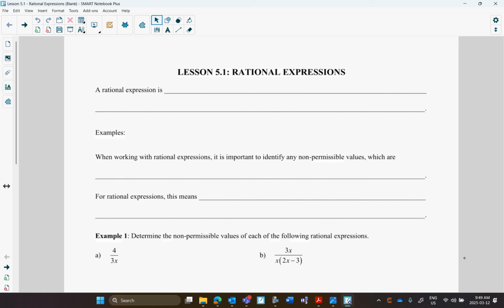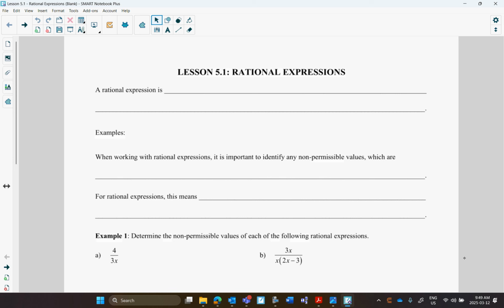That is a type of rational expression, but it's not the ones that I'm talking about. We're talking about fractions that have variables in them, which you have done a little bit of. Back when you did fraction equations in grade 9, those were actually algebraic fractions you were working with.